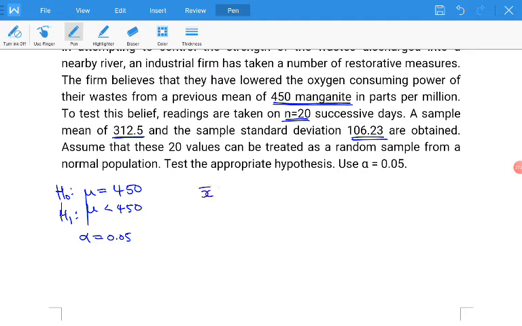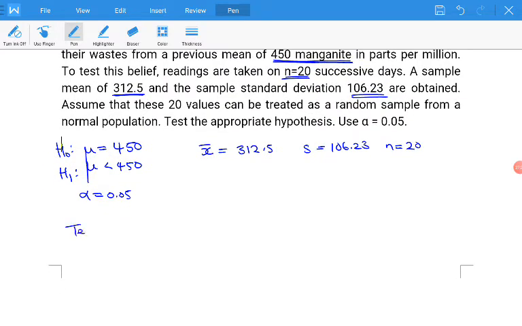So our x bar is equal to 312.5. S is equal to 106.23. And n is equal to 20.